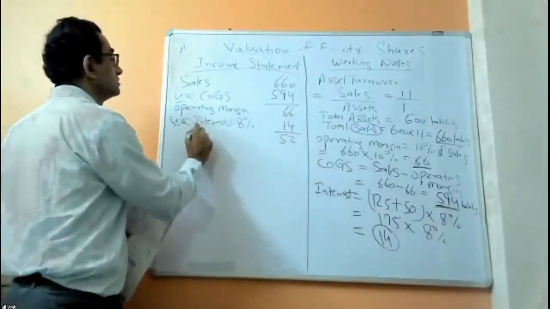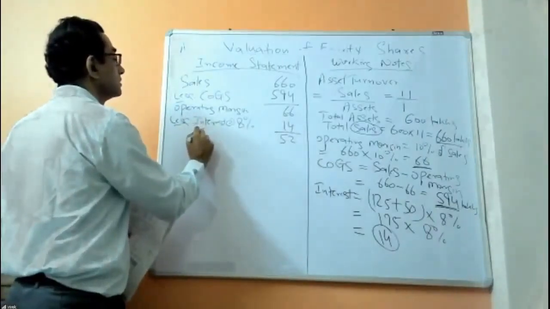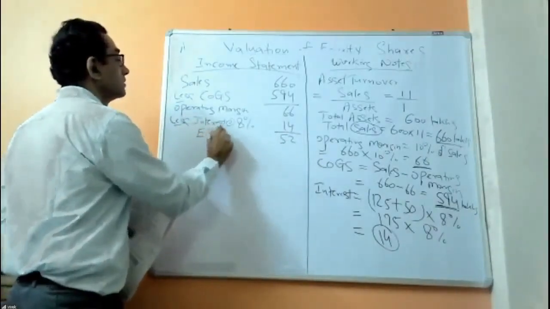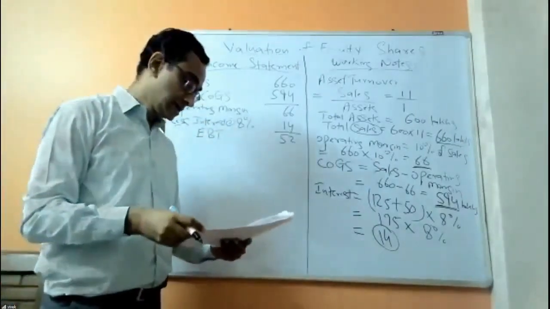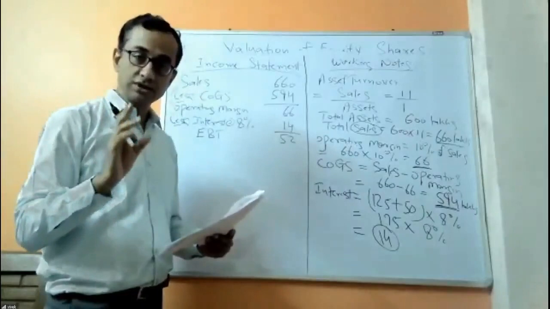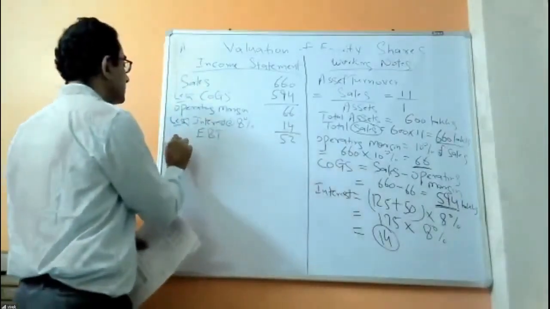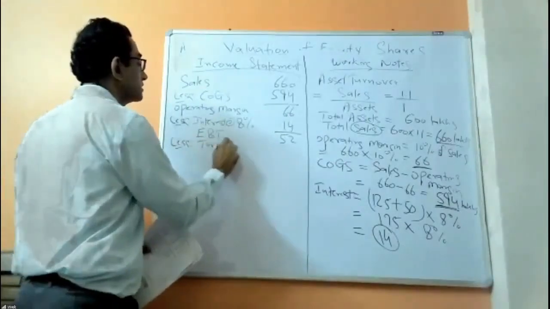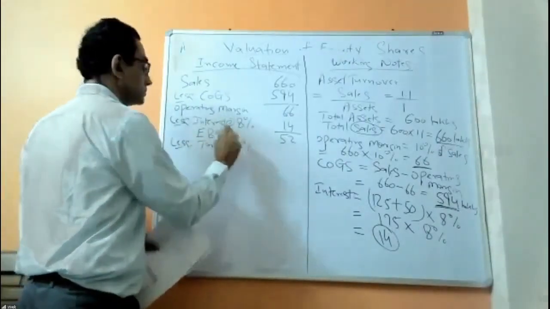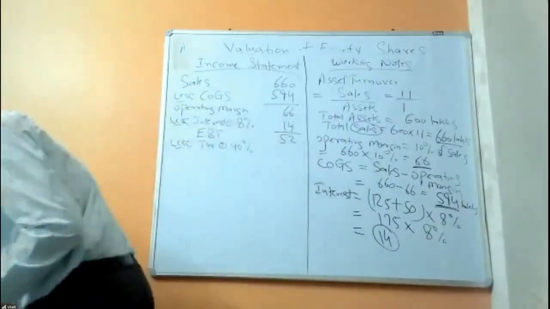So 52 is the earning before tax. From this we deduct the tax. Tax rate is given in the question, it is 40%. Less tax at the rate of 40%.